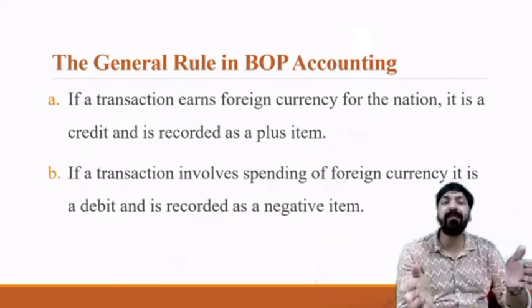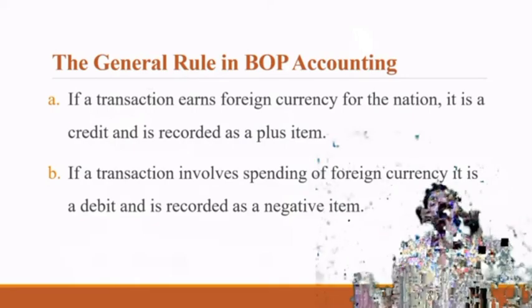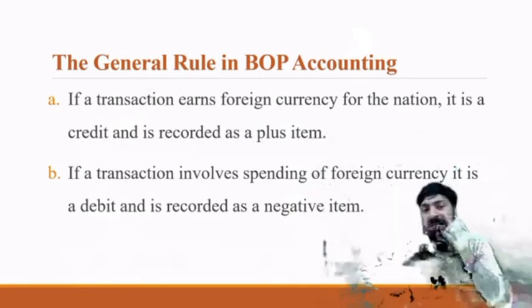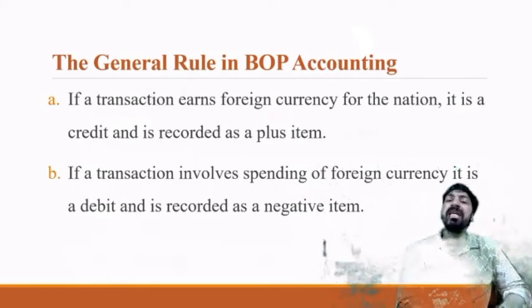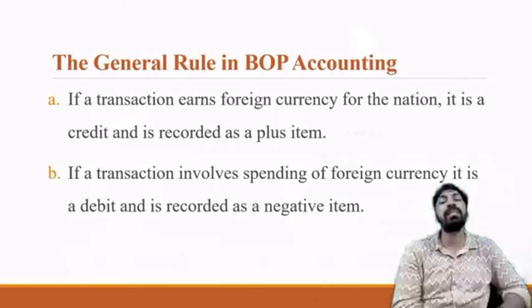So in the same way, to equalize that rule between the receipts and the payments, if any transaction earns foreign currency for the nation, it is a credit side and is always recorded as a plus item.